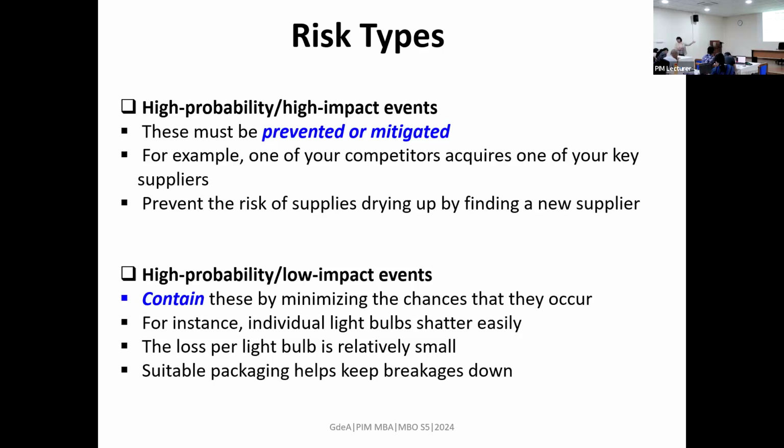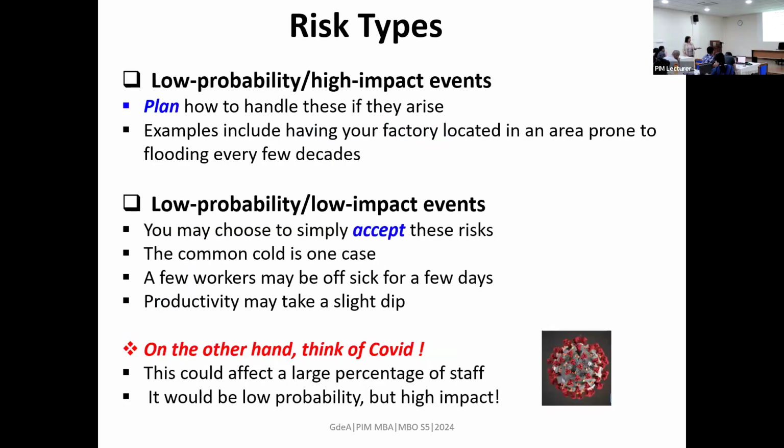This is a very simple example I've given. Let's say you have a factory with bulbs, and suddenly there is a tendency of those bulbs to break. It's going to be messy and glass contamination can happen. So you might look at stronger packaging. You need to contain that depending on the impact it has on the business.